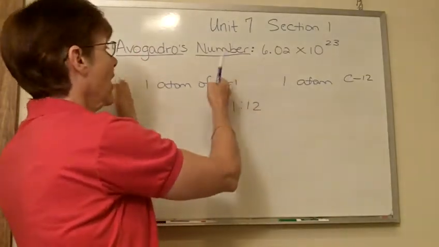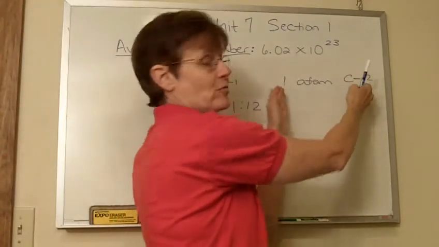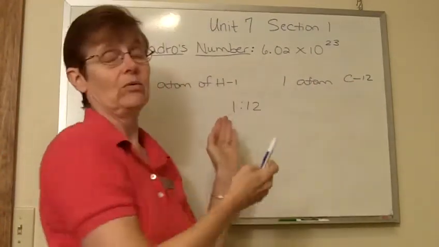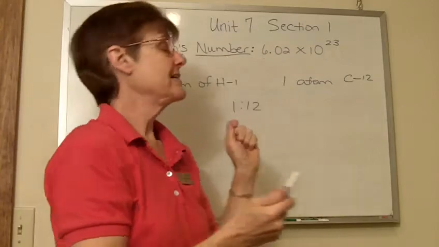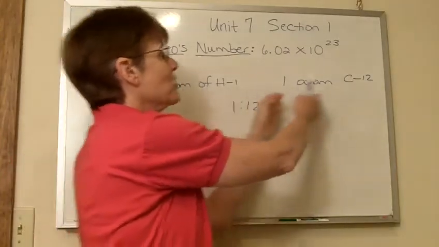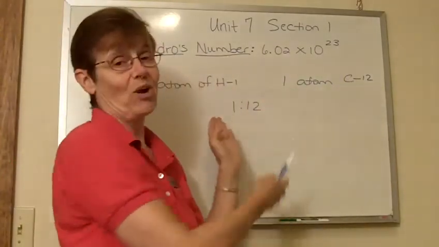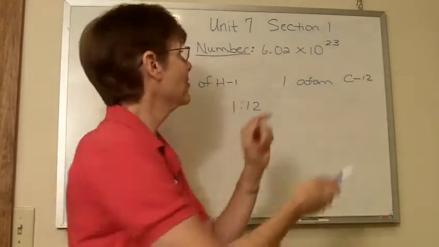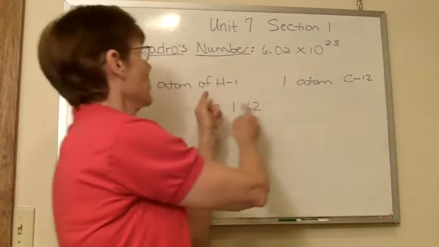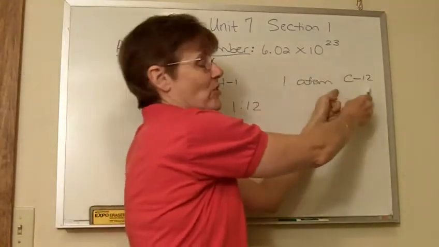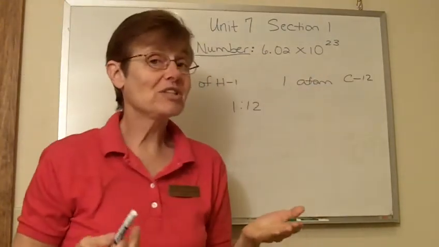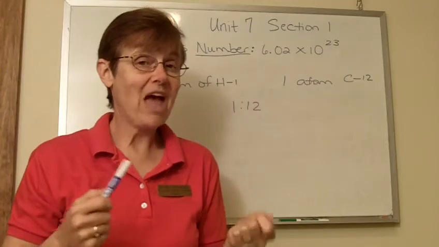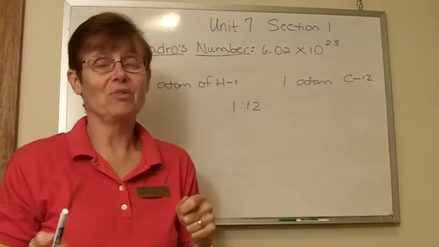If I have 100 atoms of this and 100 atoms of this, the ratio will still be 1 to 12. If I have 1,000,000 atoms of this and 1,000,000 atoms of this, the ratio will still be 1 to 12. Well, if I have this number of hydrogen and this number of carbon, the ratio is still 1 to 12, right? The mass ratio will still be a 1 to 12 ratio.